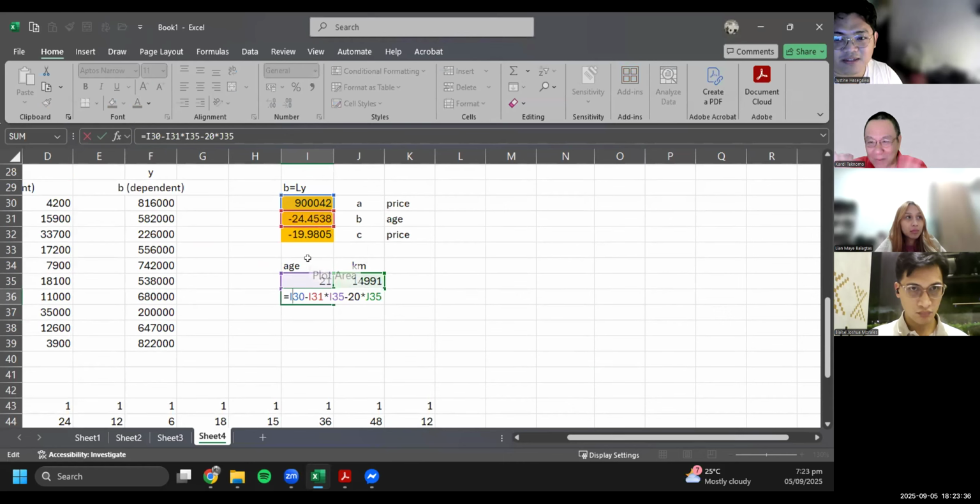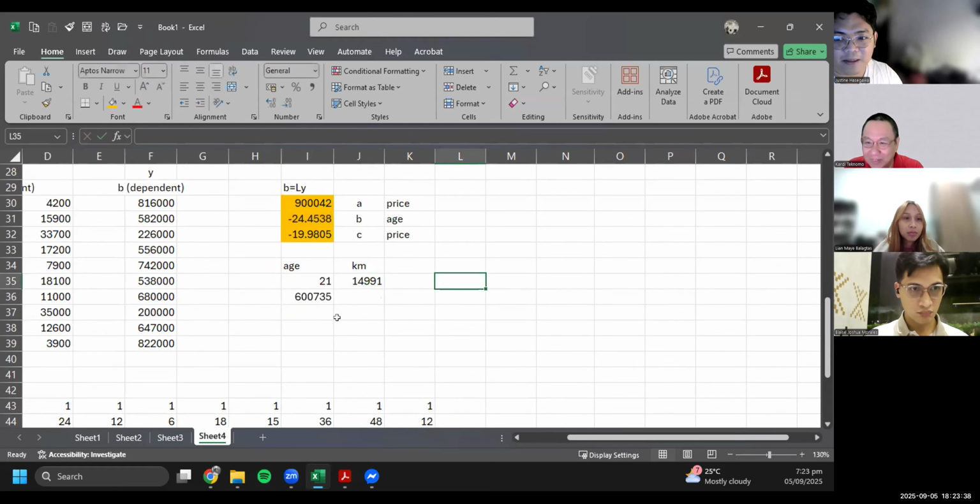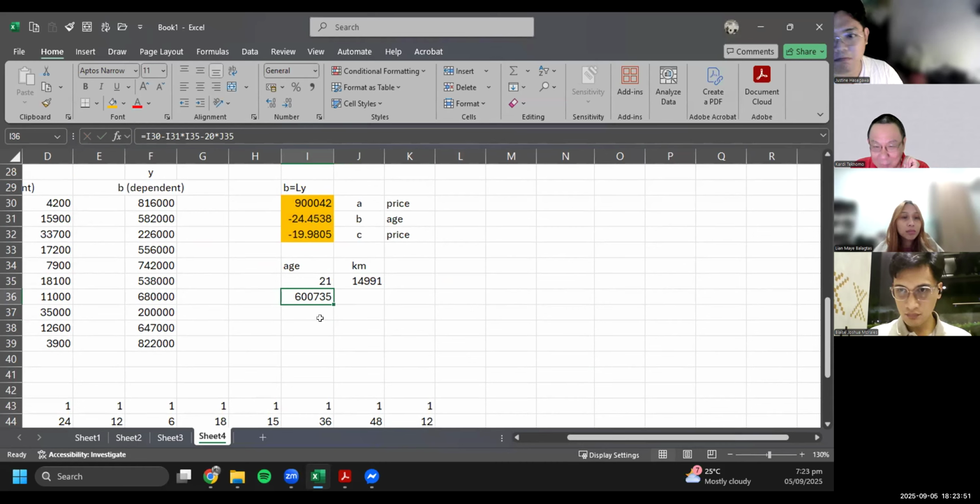No problem. So super. You know the price is now about 600,000 pesos. So you can predict using this. So you can start a new business of selling cars.